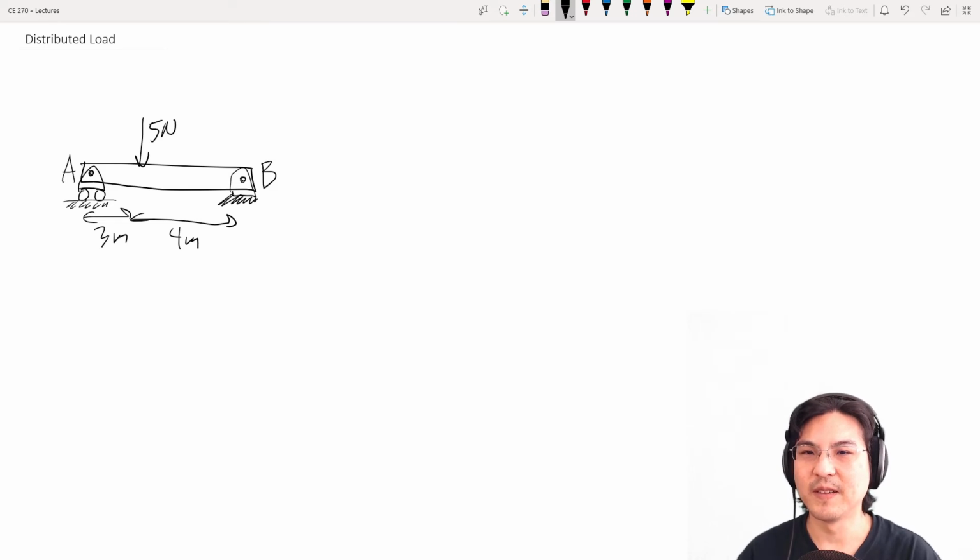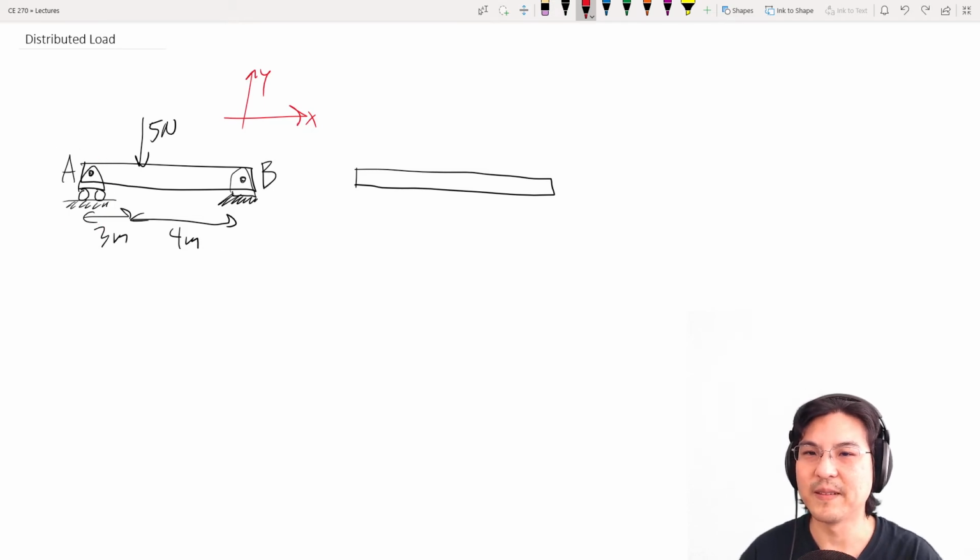So you could draw the free body diagram, and then you're like, okay, I'm just going to pick colors. Let's say I have coordinates. There's a roller at A, so that means there's a reaction force this way.